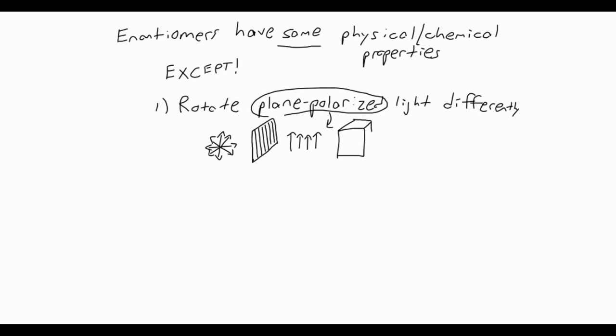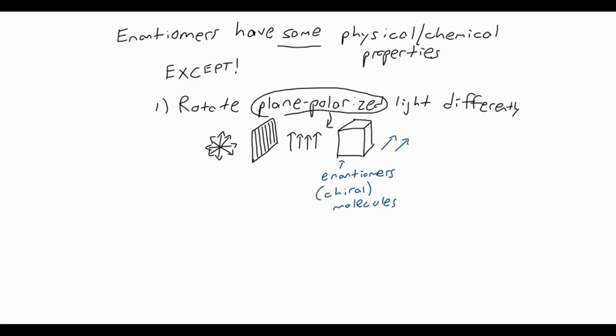If we pass that plane polarized light through a sample of enantiomers, or chiral molecules in here, what we get out is that light will be rotated.